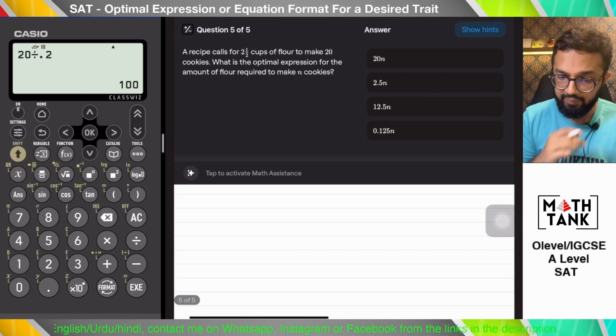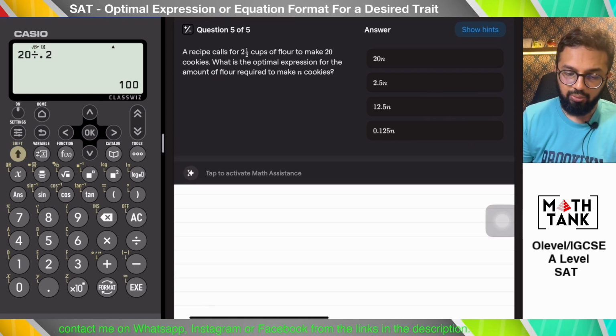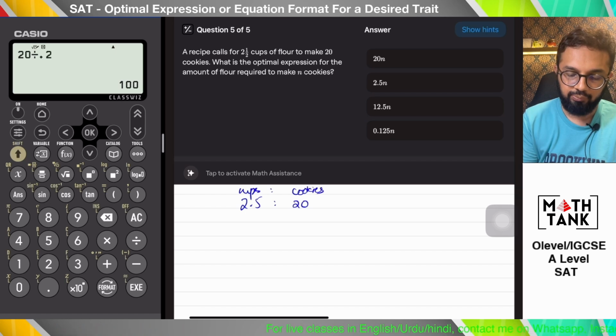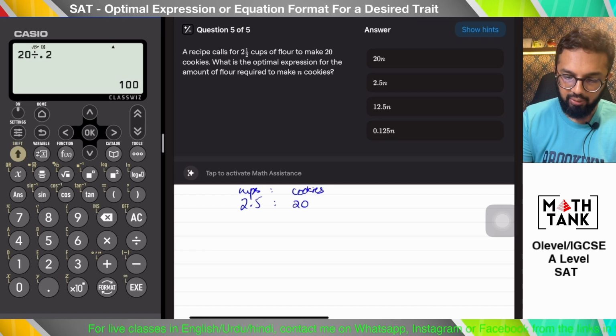It says the recipe calls for 2.5 cups of flour to make 20 cookies. What is the optimal expression for the amount of flour required to make n cookies?